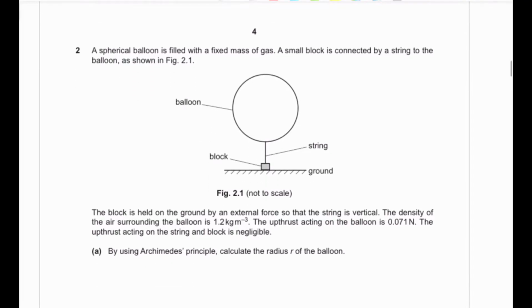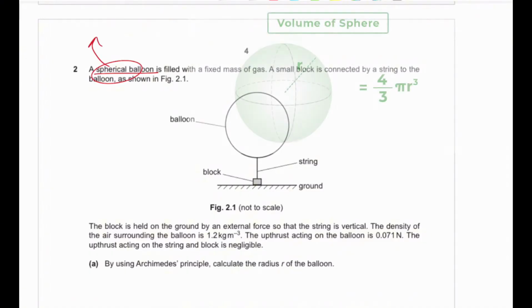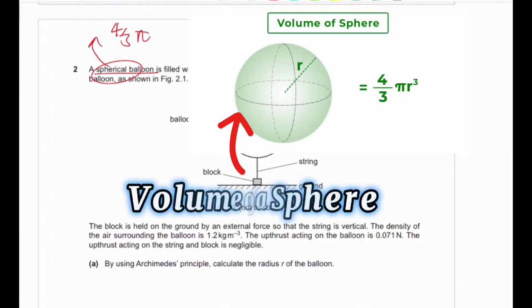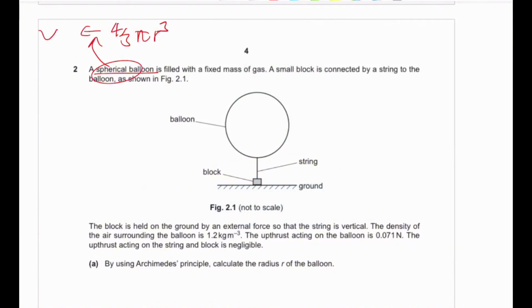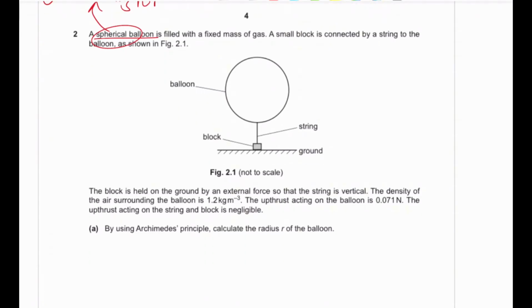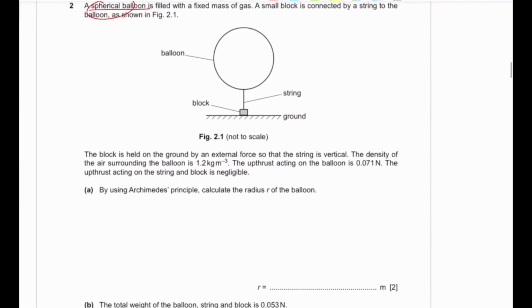We've been given a spherical balloon. This word is very important, because the word spherical gives me one formula in mind: 4 over 3 pi r cubed, the formula to find the volume. I'll keep this around because it might be used somewhere. We've been told that it's filled with a fixed mass of gas, and a small block is connected by a string to the balloon as shown in the figure.